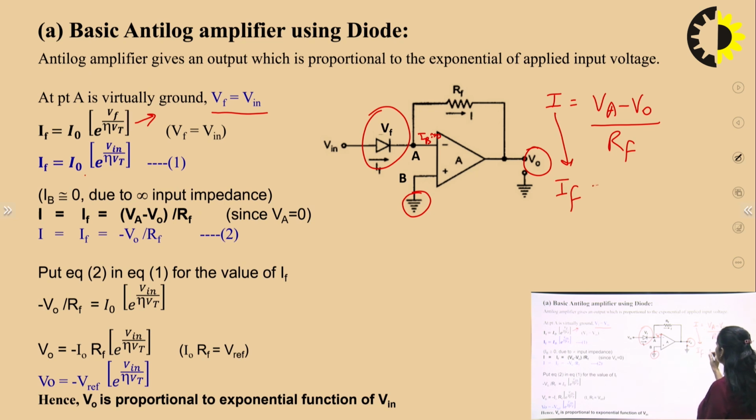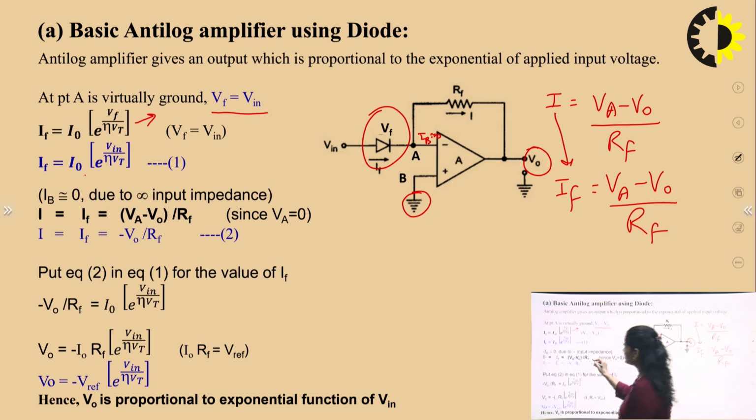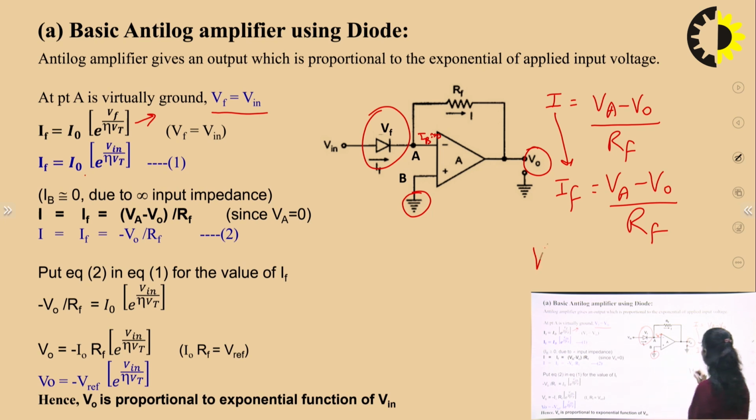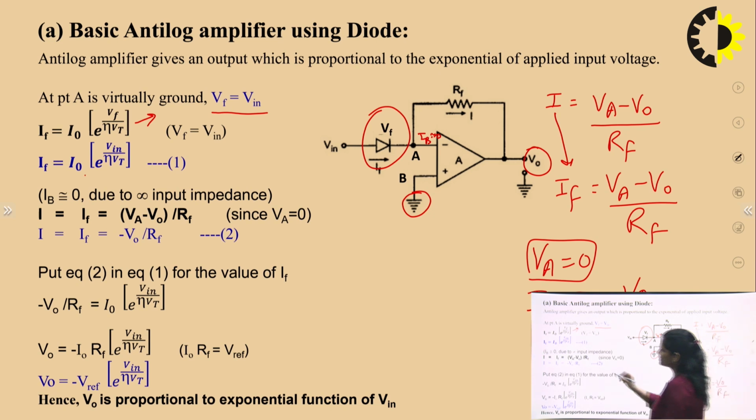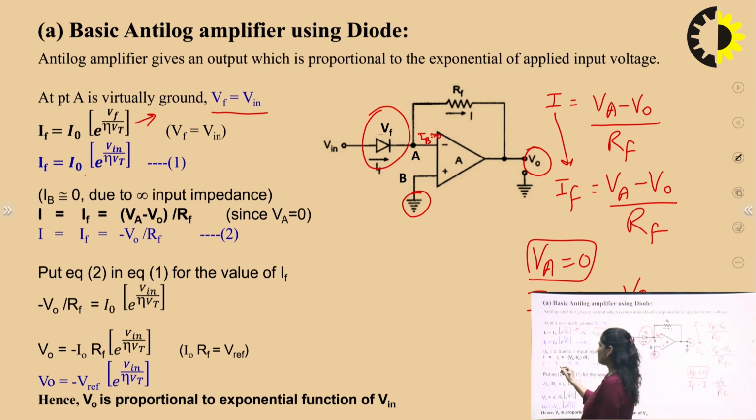So If is also equal to VA minus V naught upon RF. VA is equal to 0 due to the virtual ground concept. So If is equal to I is equal to minus V naught upon RF. So this is equation second: I is equal to If is equal to minus V naught upon RF.